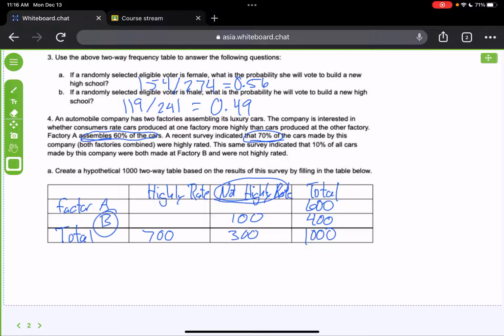Now we can fill in the rest because 300 plus 100 is equal to 400. Well, 200 plus 100 is equal to 300, which means this has to be 400. And that's how you fill out a two-way frequency table, a two-way hypothetical 1,000 table.